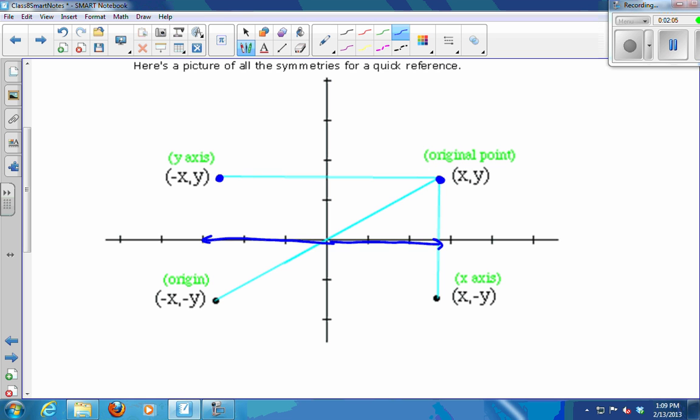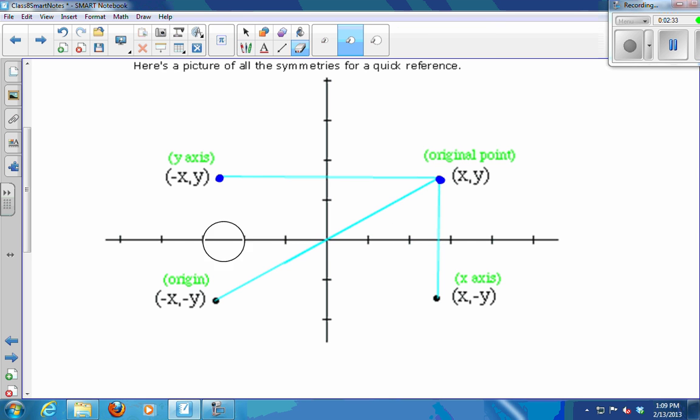So one goes positive x, the other goes negative x, and then they have the same y because they both go up the same amount. So if the graph is symmetric to the y-axis, both of those points will be on the graph. If you replace an x with a negative x, it shouldn't make any difference.